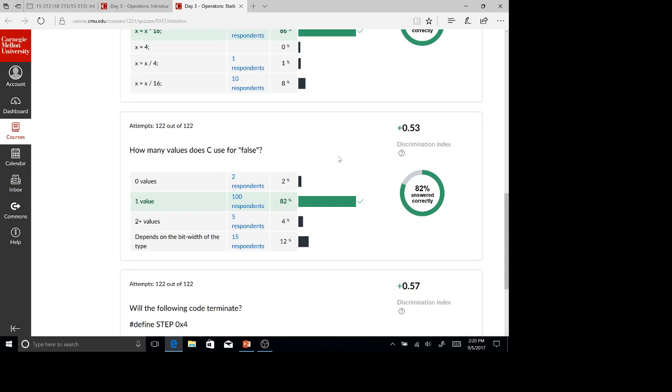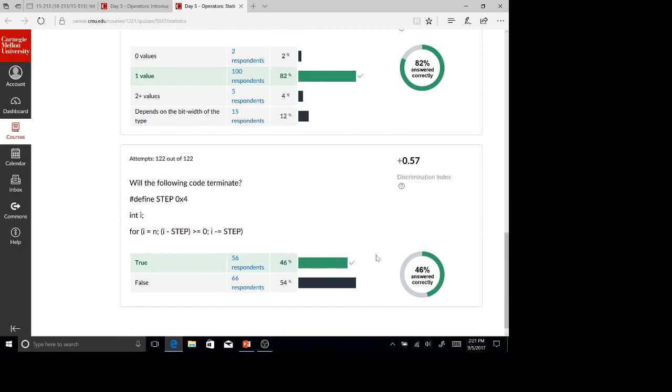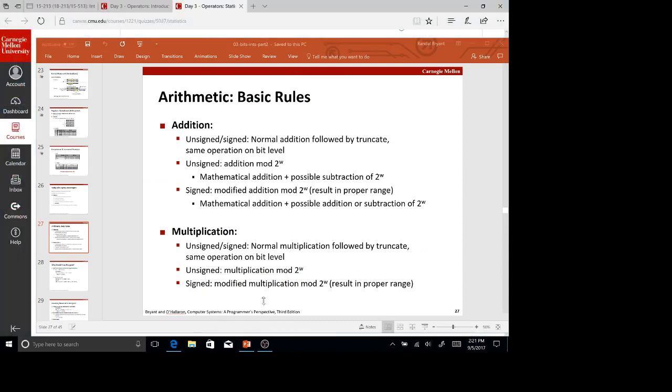True is anything that's non-zero. This one, I can see that people didn't necessarily guess the answer on this, and so we'll cover that in just a second. But this is very useful information.